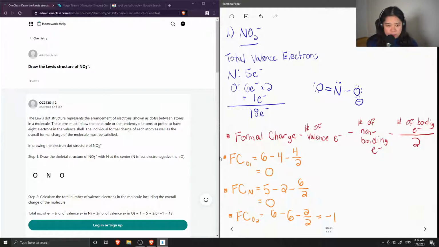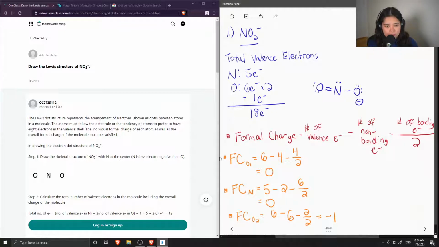This is one of the resonance structures of NO2-, and I can draw a second one with the other oxygen, with the leftmost oxygen now carrying the negative charge. So these are the 2 Lewis structures of NO2-.